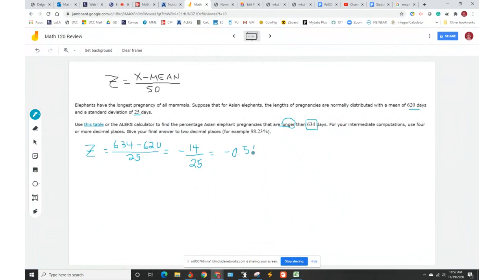All right. So we got to use the complement rule, because that's what that means right there.